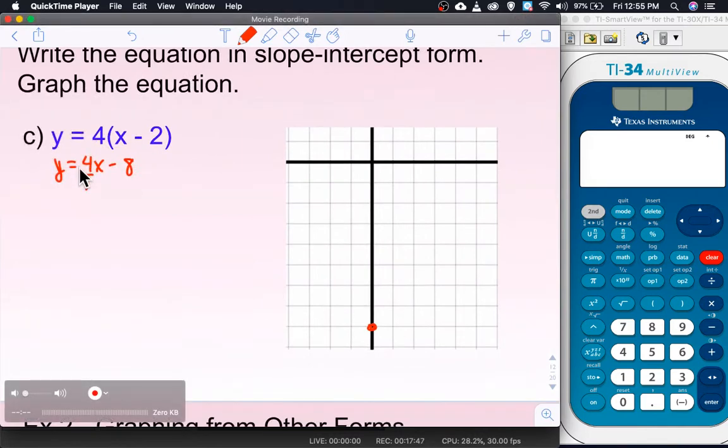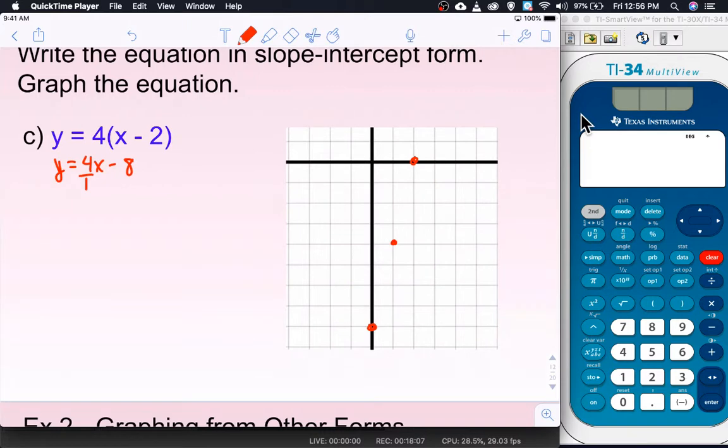And then I'm going to move the way the slope tells me to move. The slope tells me I'm going to go up 4, because it's positive, up 4/1. So 1, 2, 3, 4, over 1. And I can't do any more. I cannot go up 4 more and over 1.